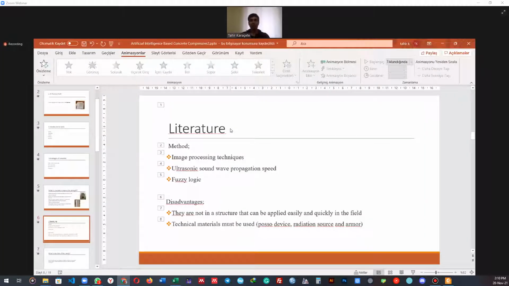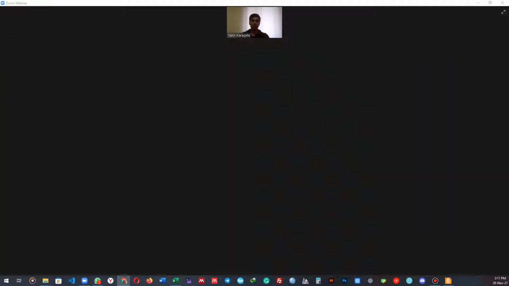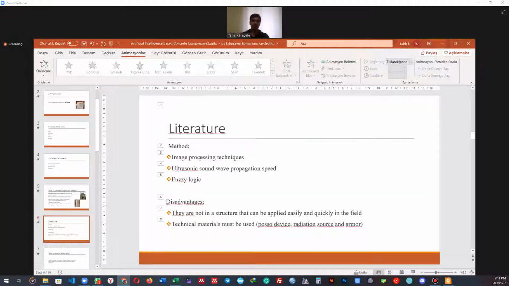Literature. When the literature was examined, some different methods were found. These are image processing techniques, ultrasonic sound wave propagation speed, and fuzzy logic. Their disadvantages are that they are not in a structure that can be applied easily and quickly in the field, and technical material must be used.